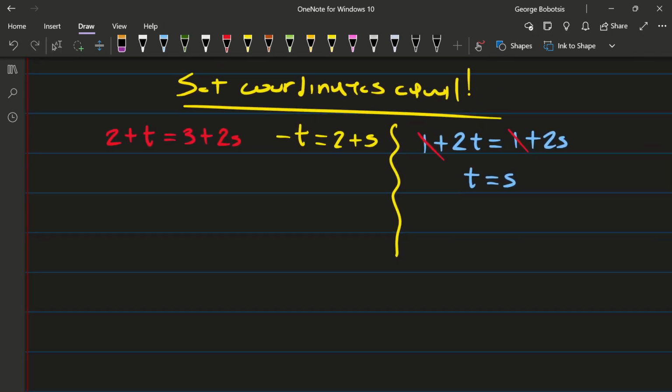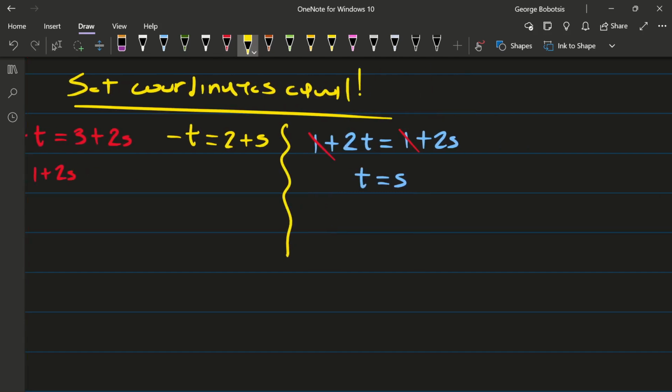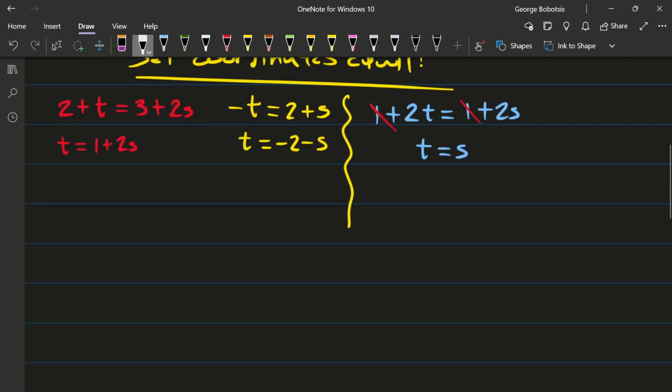All right. Looks like t is equal to 1 plus 2s over here. And t here is equal to minus 2 minus s. Well, I'm going to crash these. Okay. I'm going to get myself 1 plus 2s is equal to minus 2 minus s.